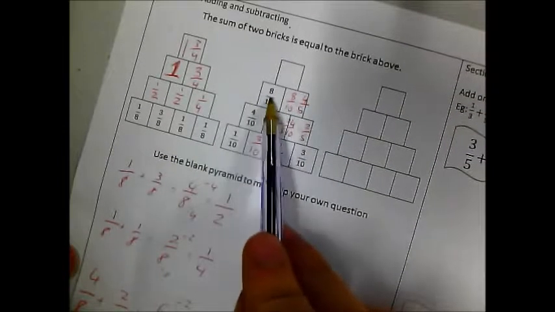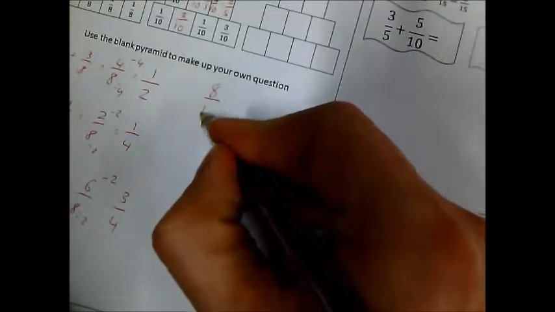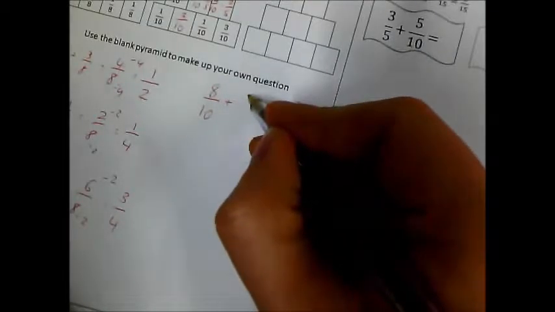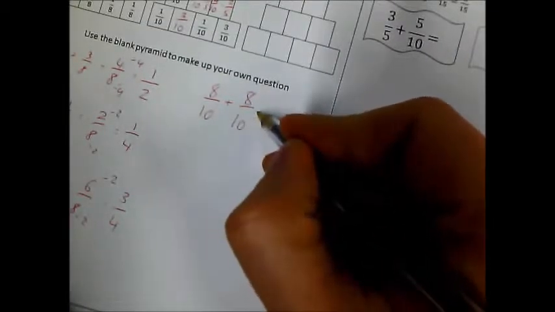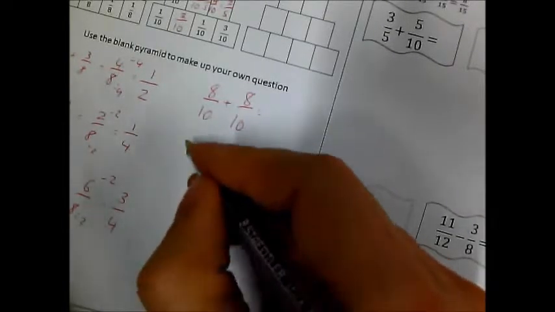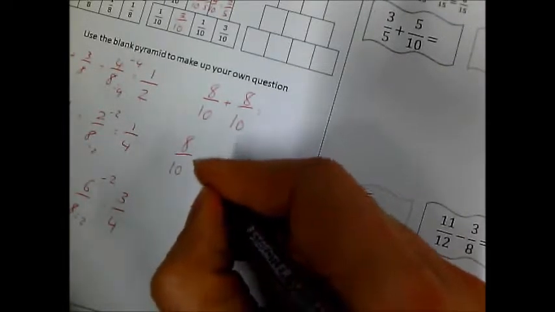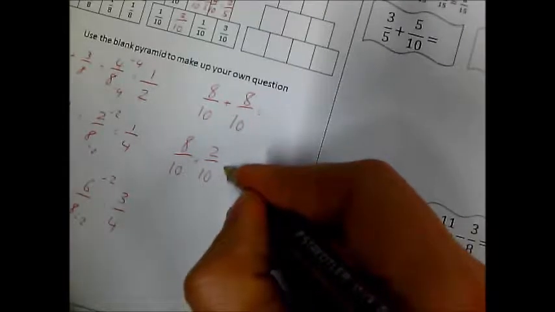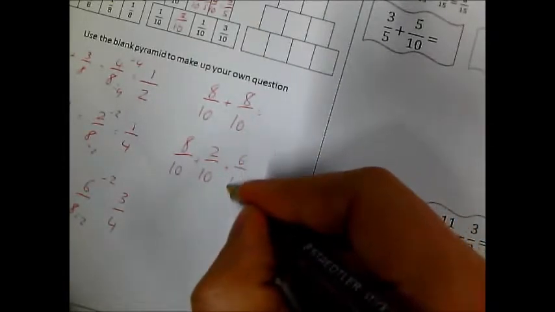And then finally 8/10 plus 8/10. Now here I'm going to do this one in a little bit more detail down here. So 8/10 plus 8/10. Now I'm going to split up this 8/10 into 2/10 and 6/10.